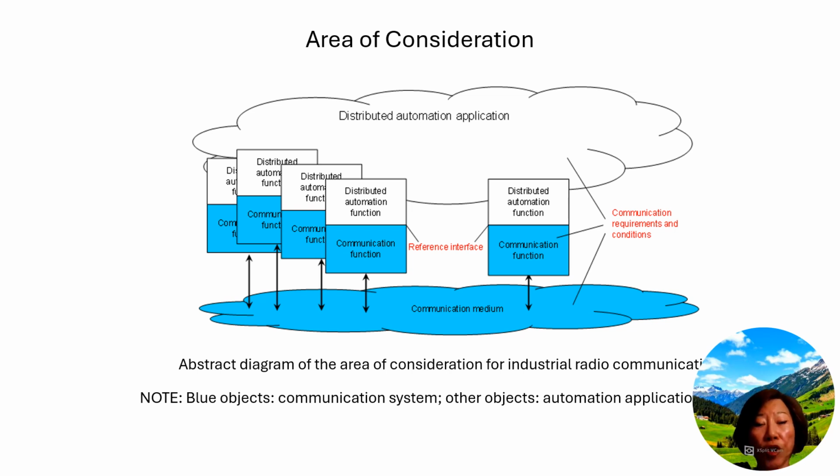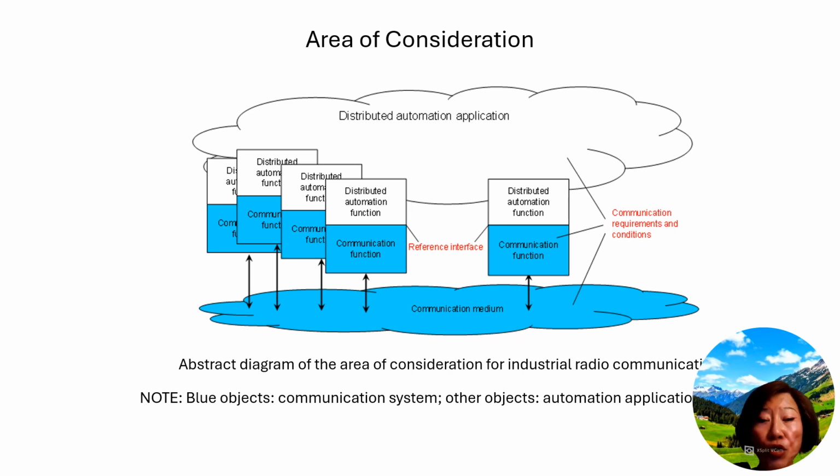All these functions contribute to the control of physical objects. The distributed functions can be interconnected using field bus systems, industrial Ethernet systems, or wireless communication systems. The primary role of these communication systems is to ensure the distribution of messages among the distributed automation functions.